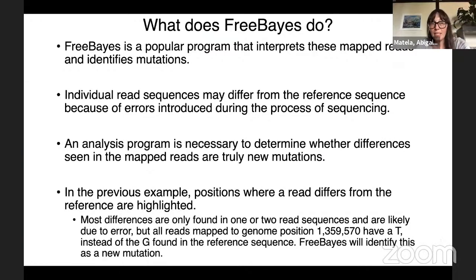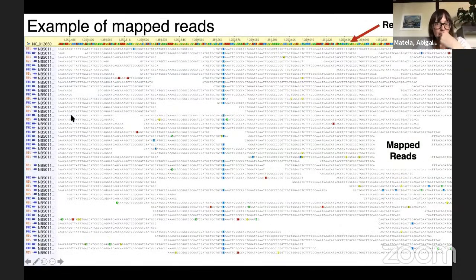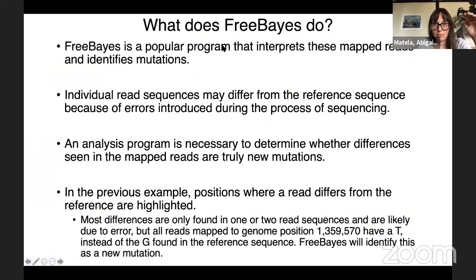So Freebayes is the program that's gonna identify how the read sequences differ from the reference sequence we used. If we go back to that previous example, I think this is a good visual: Freebayes is going to identify that there's a mutation in your genome here.